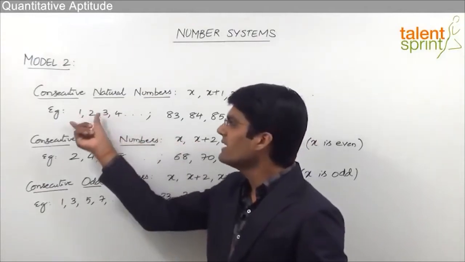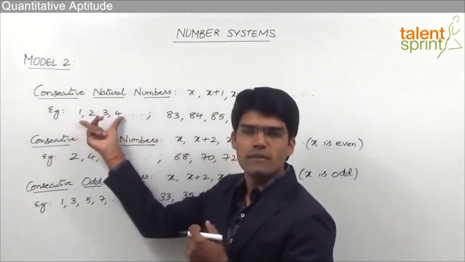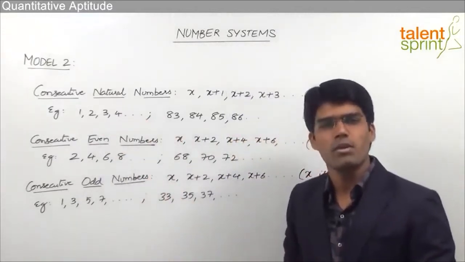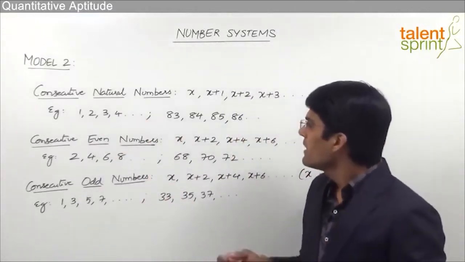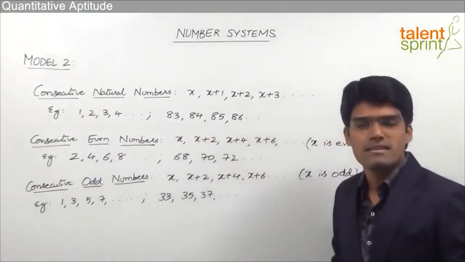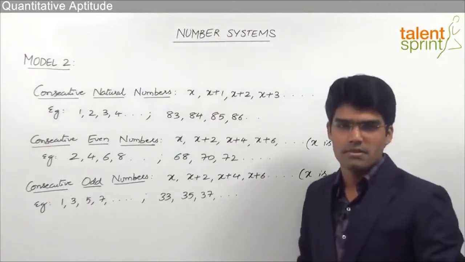These are consecutive natural numbers. Why? Because we find that these are all in a row, 1, 2, 3 and 4 without any gap. So these are called consecutive natural numbers, or they can be called successive numbers. Similarly, 83, 84, 85, 86, even these are consecutive natural numbers or successive numbers.